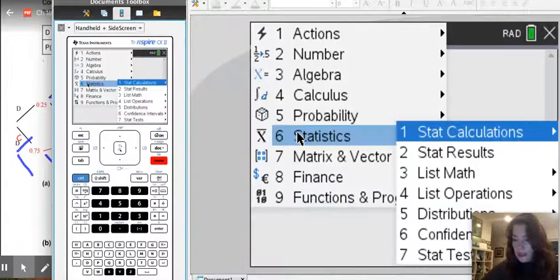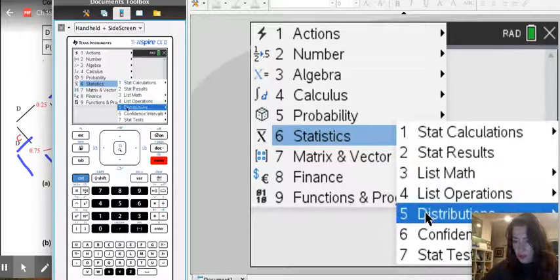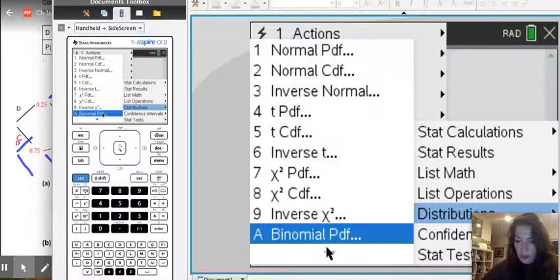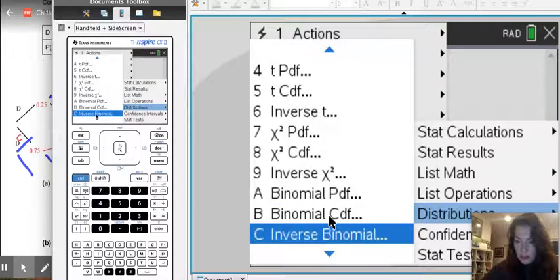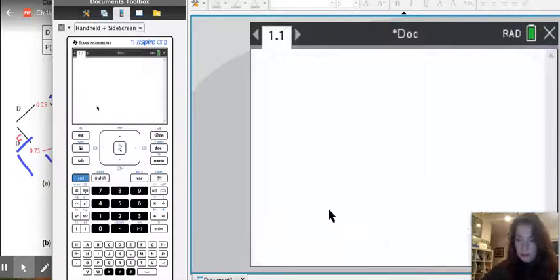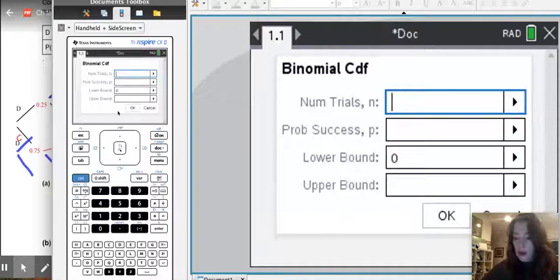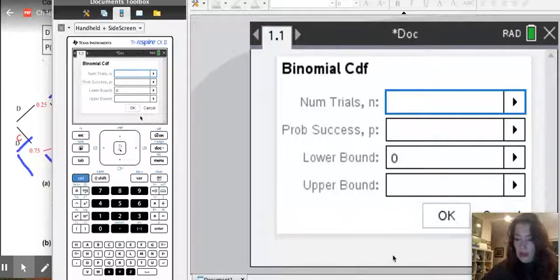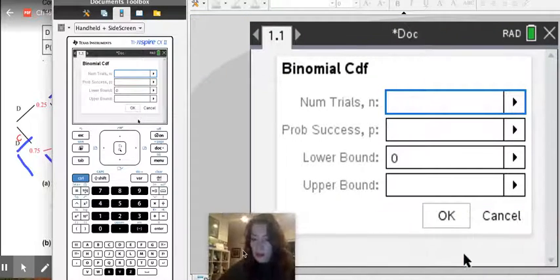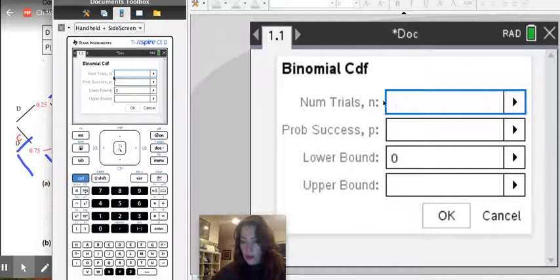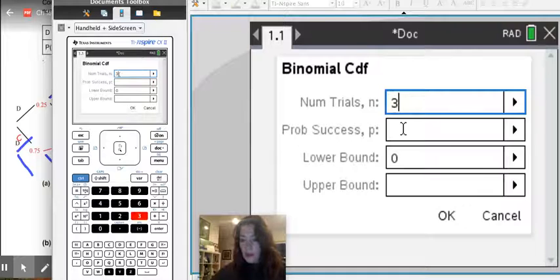Or you can go to statistics, distributions, number 5, and then binomial CDF right here. All right, once you are at binomial CDF, then it prompts you to enter the number of trials. So we know that we have a sample size of 3, that is our N. The probability of success, in this case, we want to know of defective, so we would enter 0.25.